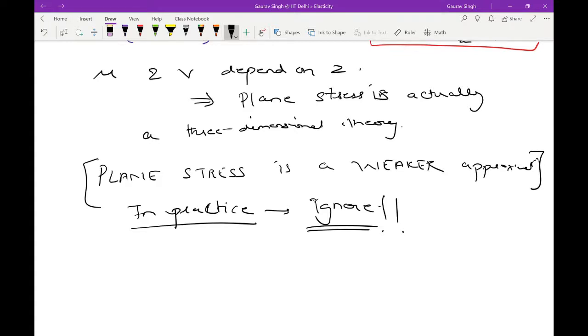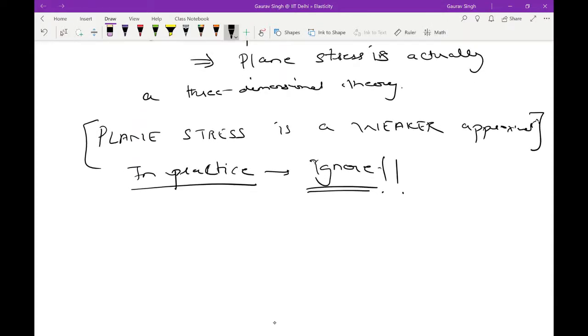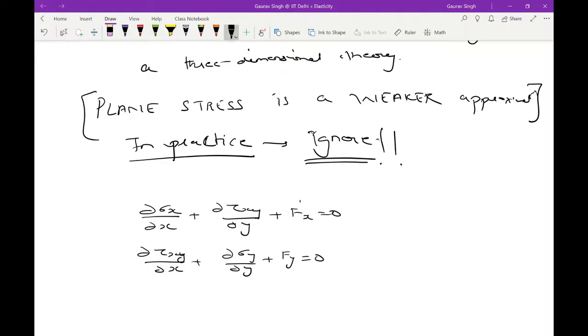Okay, so once this is out, it is very easy for us to write the equilibrium equations just like the previous case. And fz clearly is 0, and fx and fy will be functions of x and y only.